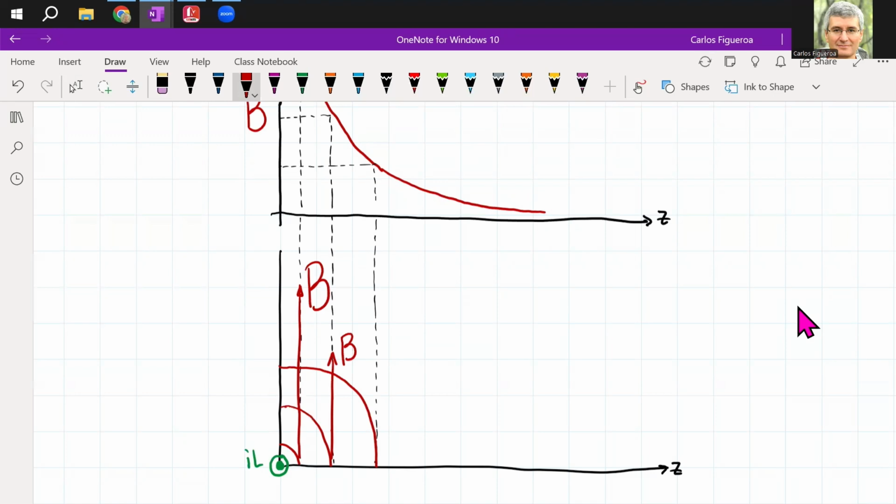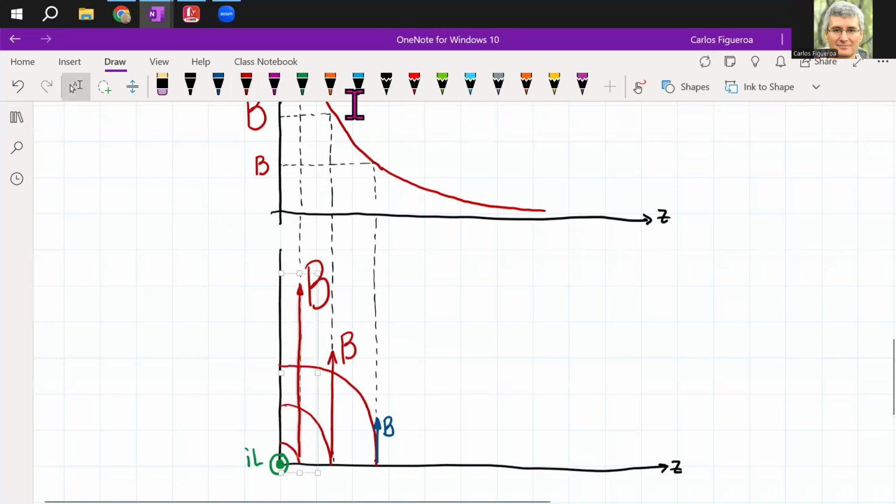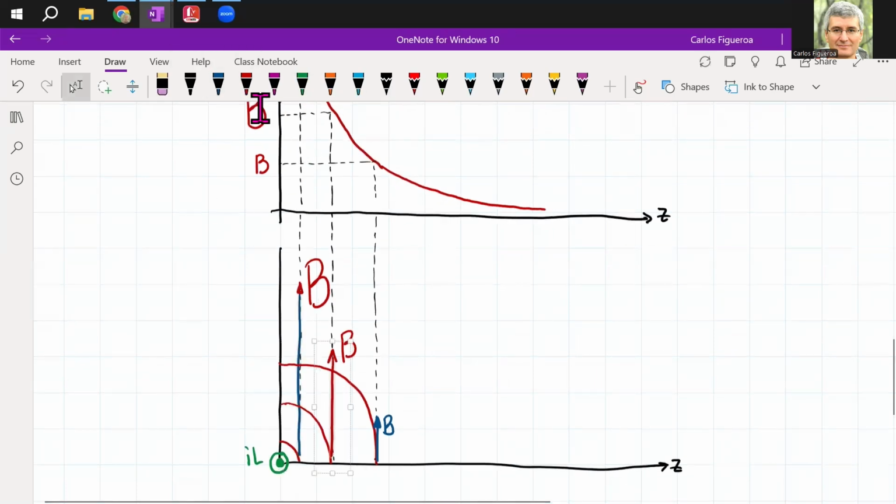And as they get farther apart, I'm going to have to change colors to really separate it. You're seeing that the magnetic field is decreasing. So in this situation, the magnetic field is getting smaller. Just to be consistent, I'm going to color code these so it makes a little more sense.